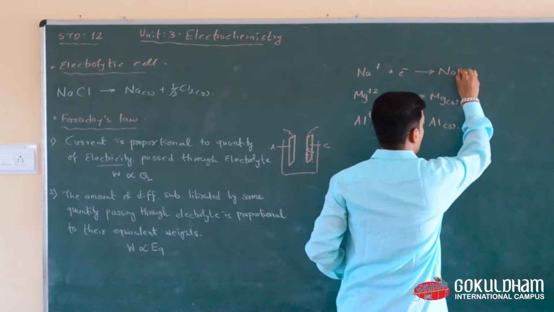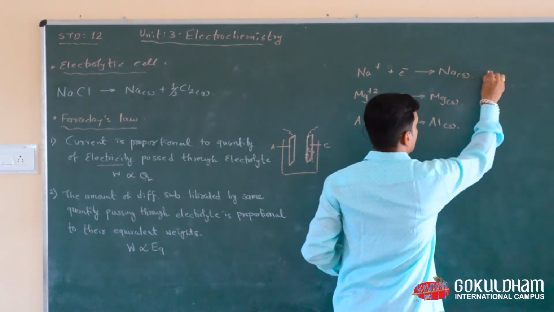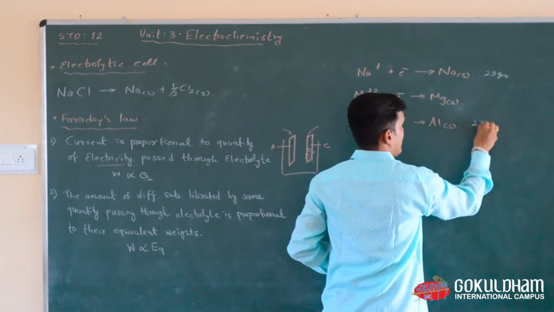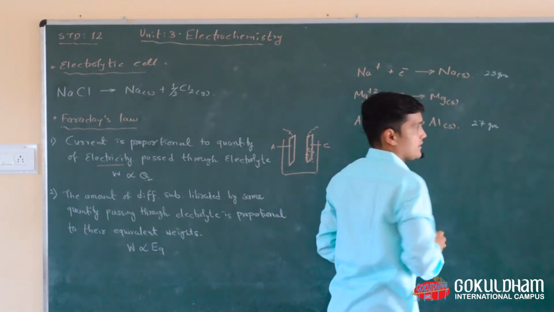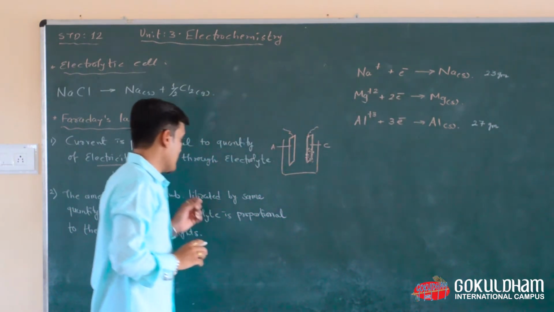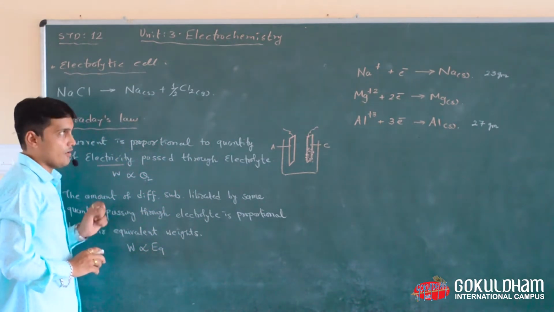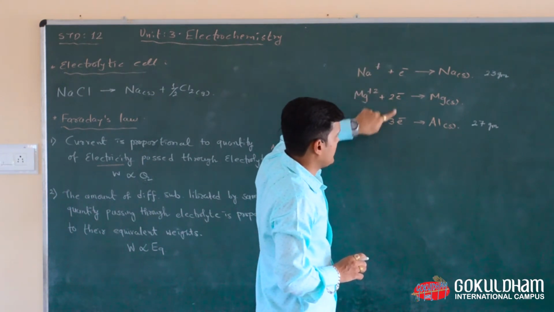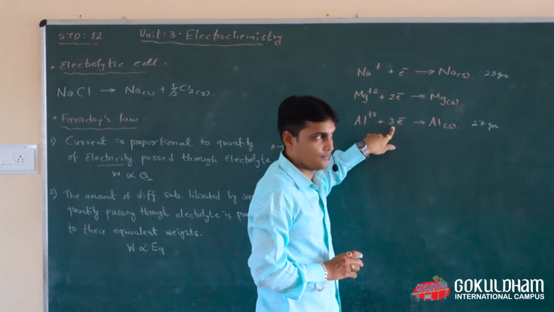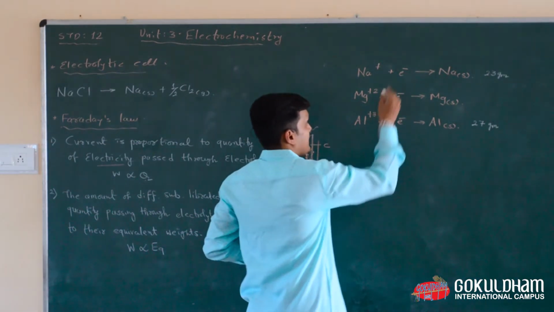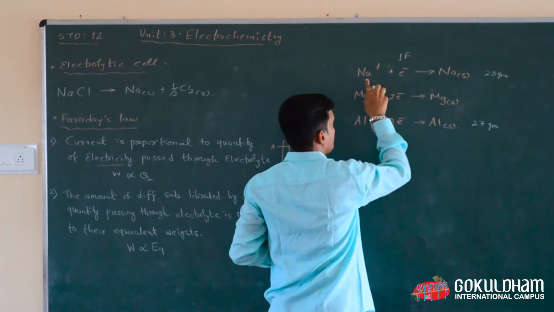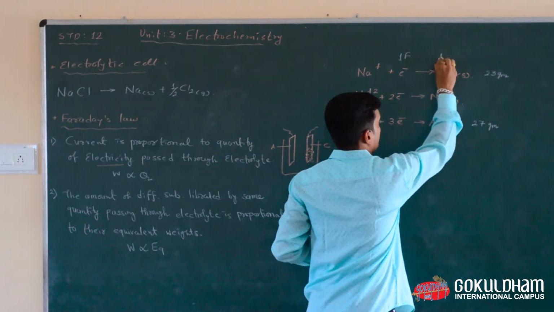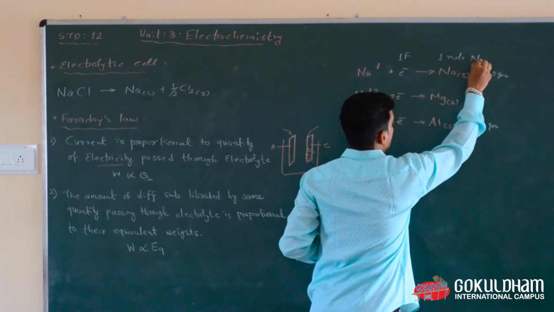The atomic weight of sodium is approximately 23 gram, magnesium is 24 gram, aluminium is 27 gram. So how can we apply the same quantity of current? See, here is 1 electron, here are 2 electrons, and in another case there are 3 electrons. So if we apply 1 Faraday to this Na+ ion, then you will get a total of 1 mole of Na.